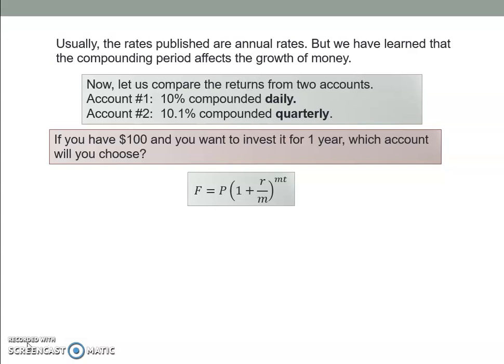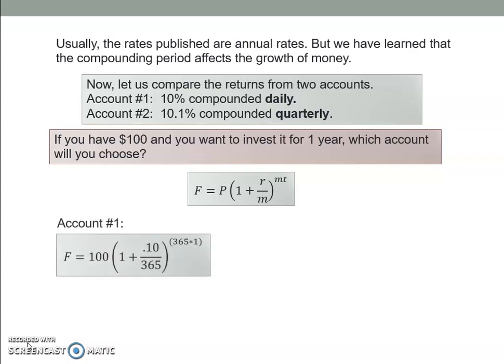To make the calculations easy, I've chosen P as 100. And then let's just compare it for 1 year. So the letter t that we're going to use for APRs is just 1 year. For account number one, it will say 100 times (1 plus 0.10), because 10% in decimal form is 0.10 or 0.1.